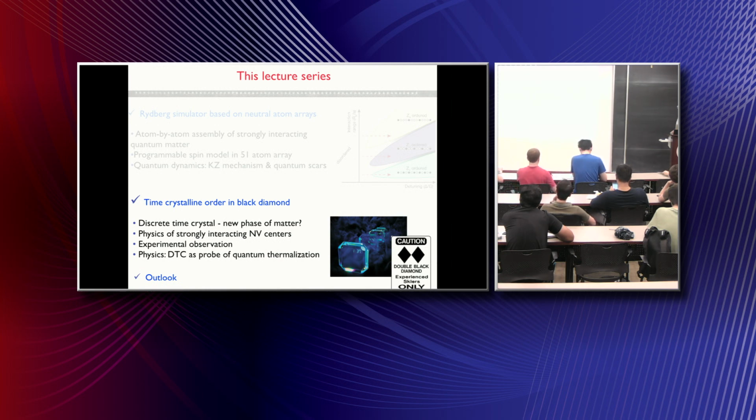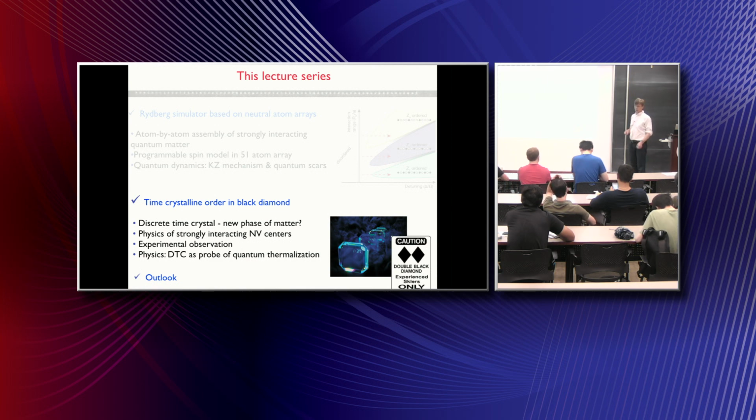All right, so let me just begin by recapping what I was talking about yesterday. I talked about our experiments involving Rydberg quantum simulators based on neutral atom arrays, and how we assemble quantum matter atom by atom.